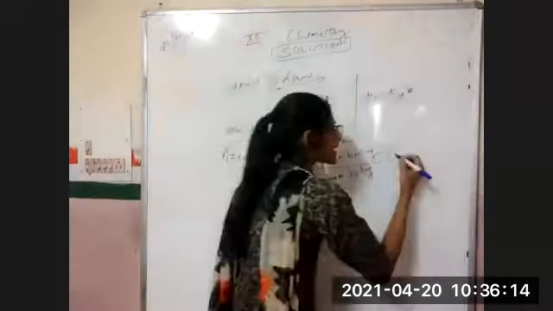Now let us see which colligative properties we have to read. We have a total of 4 to 5 properties. First one is relative lowering of vapor pressure.